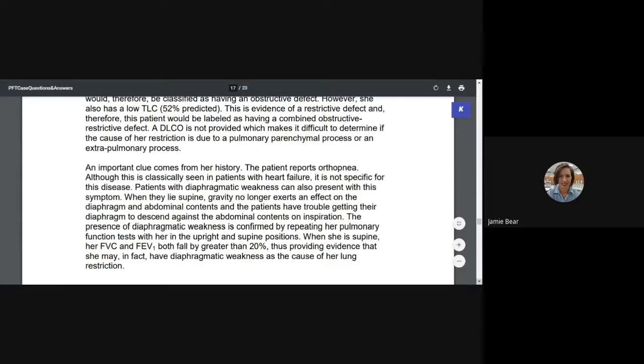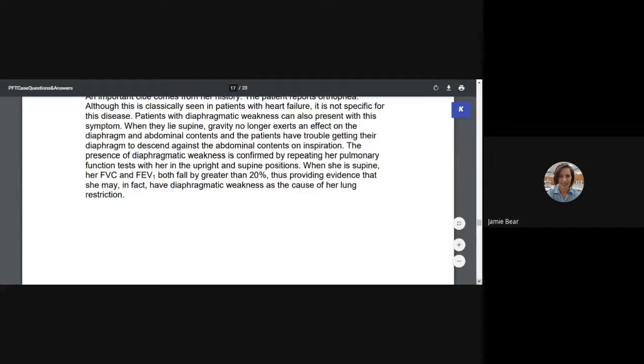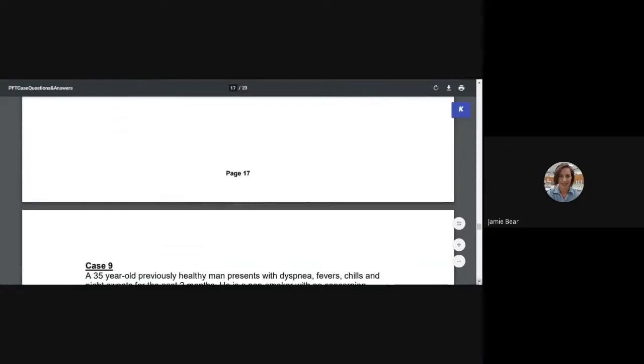Okay, and so that would account for her lying down or sitting up. Now, really, when they do the test and they change positions from sitting up or lying down, that could actually indicate that this person has diaphragmatic weakness, and that's what that gravitational difference in volumes is related to.